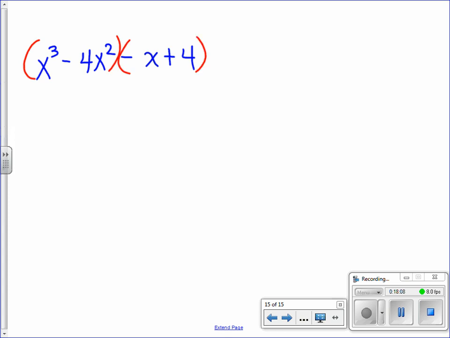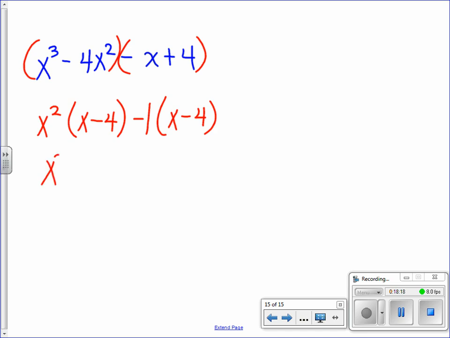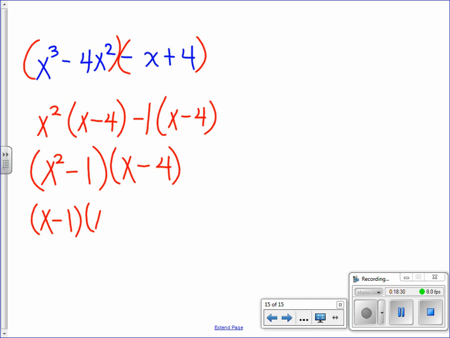What can I take out of the front group? Alright, what about this last group? So I have x squared minus 1, x minus 4. Am I finished? No, we have to wrap it across. Right there, I could say x minus 1, x plus 1, x minus 4.